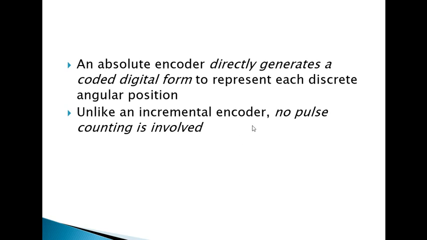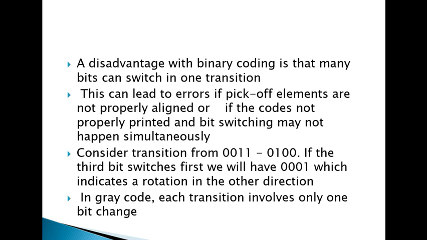In an incremental encoder we have to count the number of pulses, but the absolute encoder directly generates the coded digital form, which gives an accurate output.